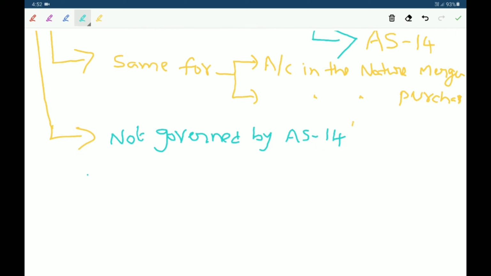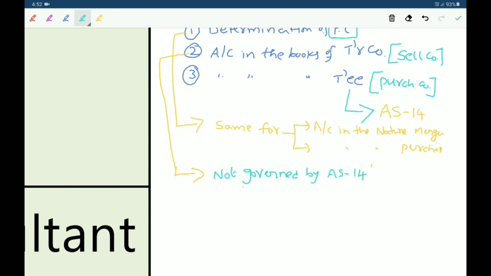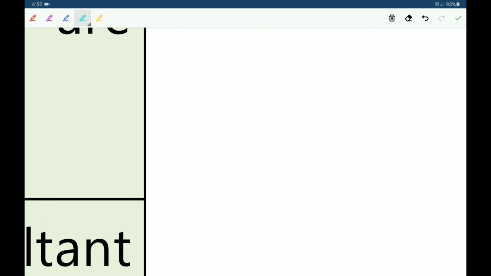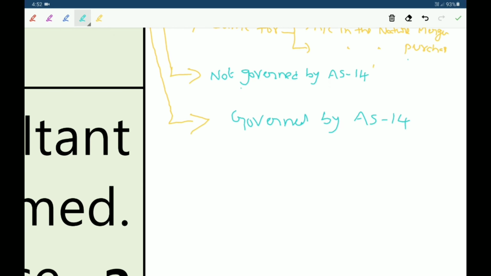Next, third one, accounting in the books of transferee company. It is governed by AS 14. As per this, amalgamation is of two types.